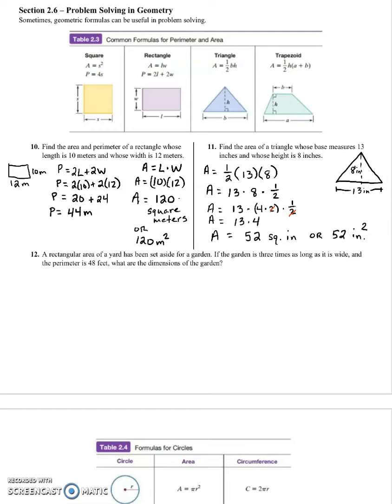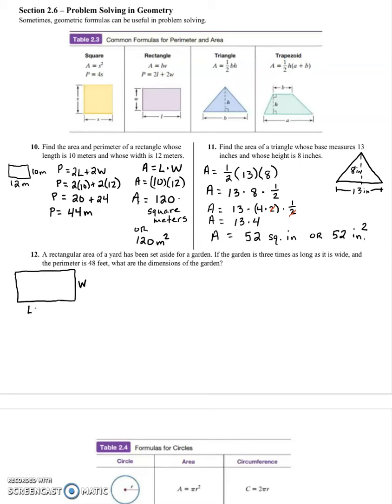Okay, let's look at number 12. It says a rectangular area of a yard has been set aside for a garden. Okay, so let's draw our garden. It says if the garden is 3 times as long as it is wide. So if this is our width, it's 3 times as long.